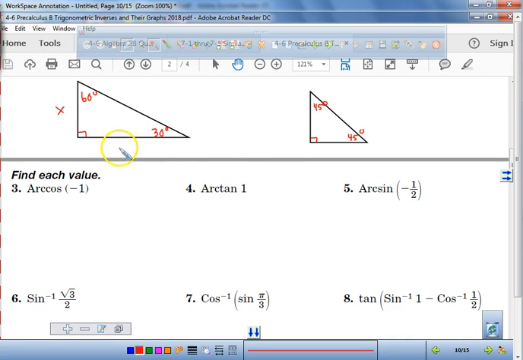I'm going to write x, x radical 3, and 2x. Here I'm going to write x, x, x radical 2.